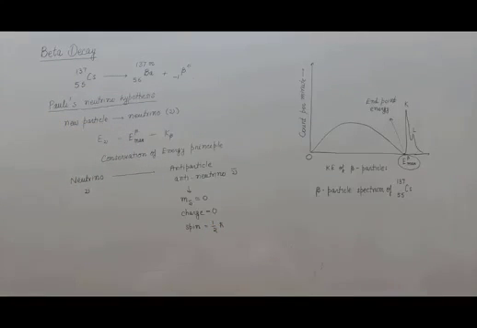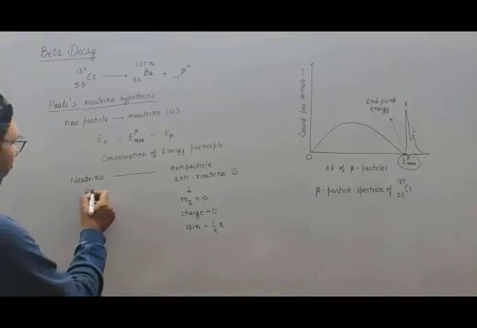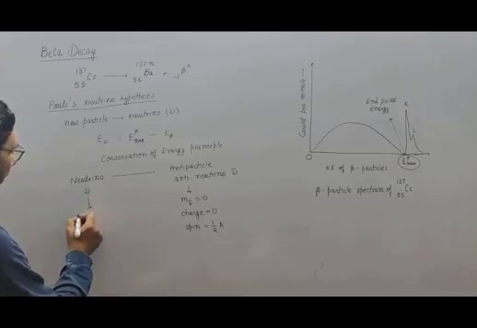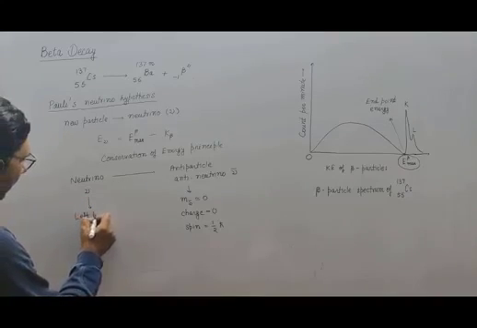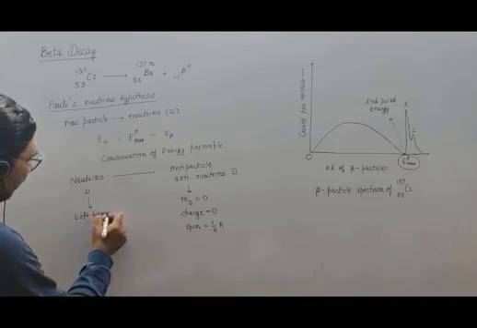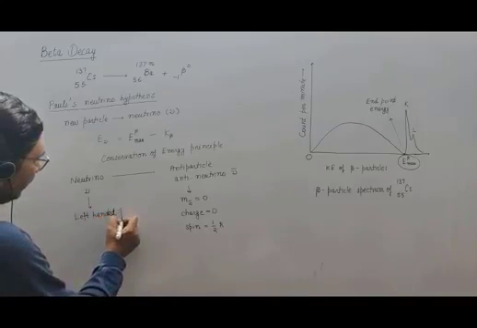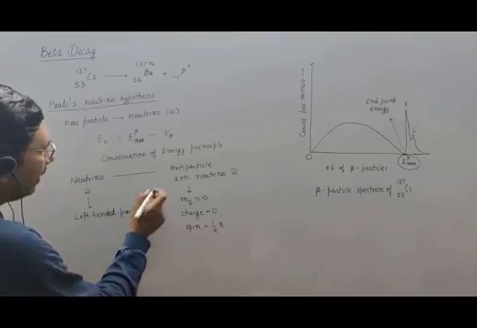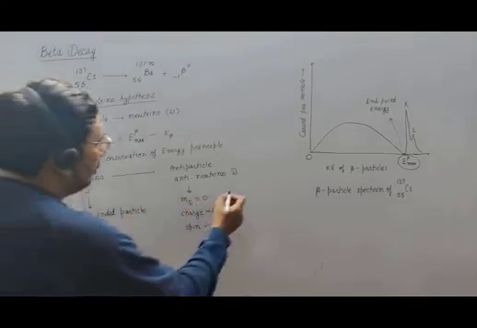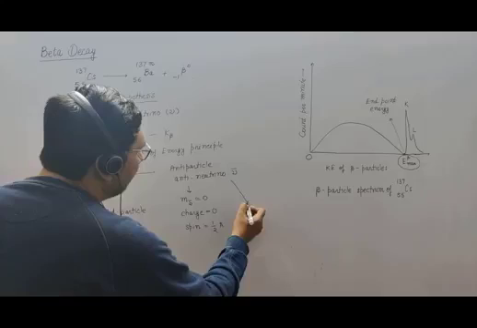The difference is this neutrino is a left-handed particle, while this antineutrino is a right-handed particle.